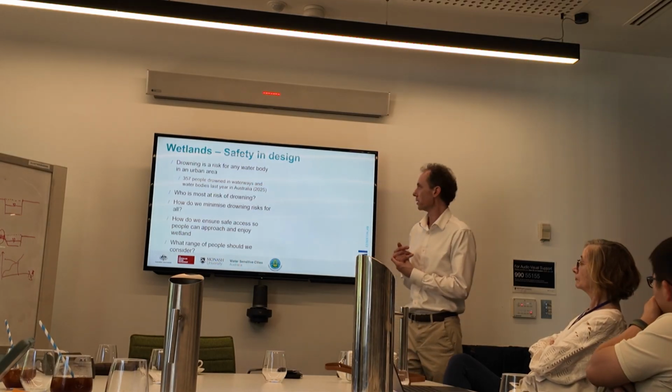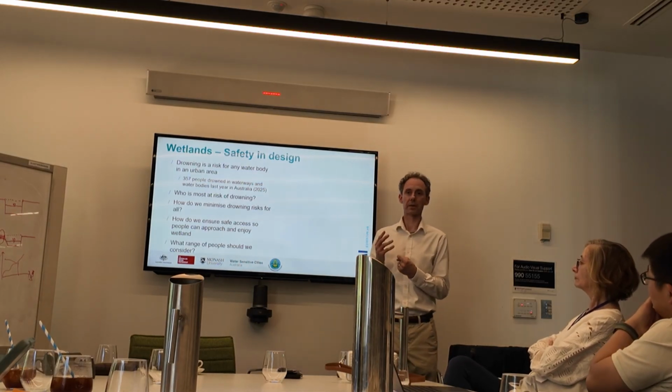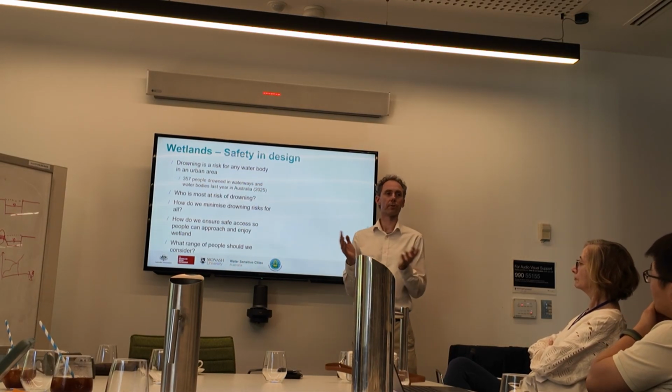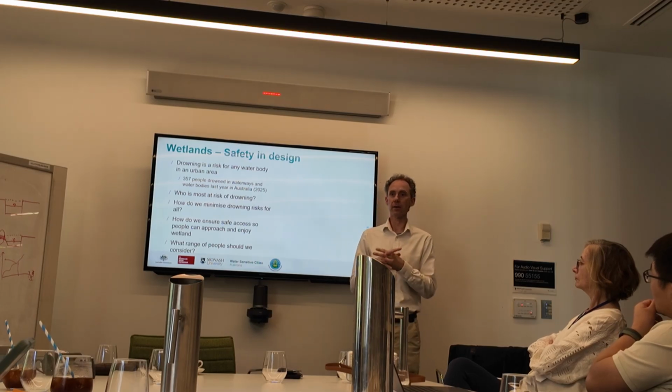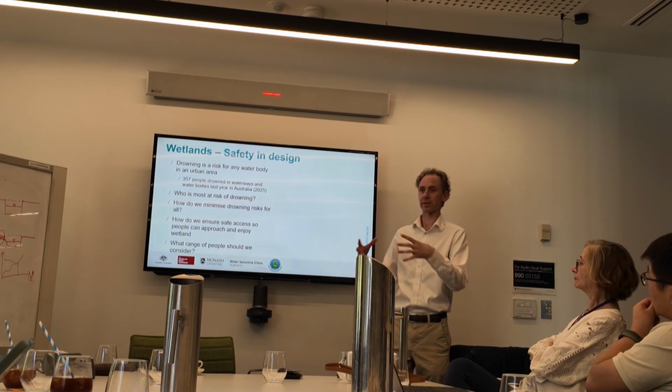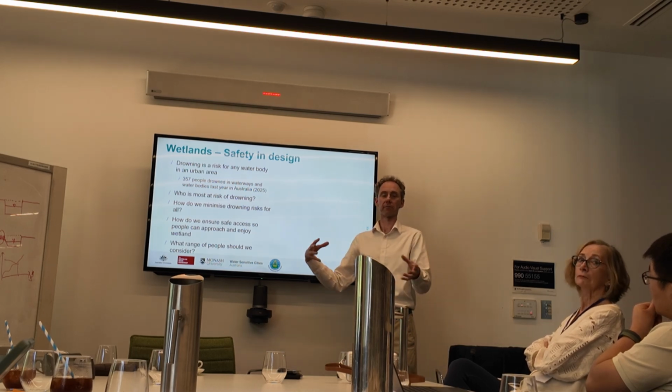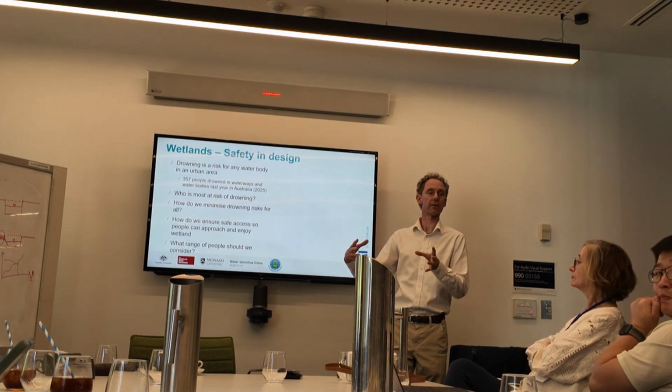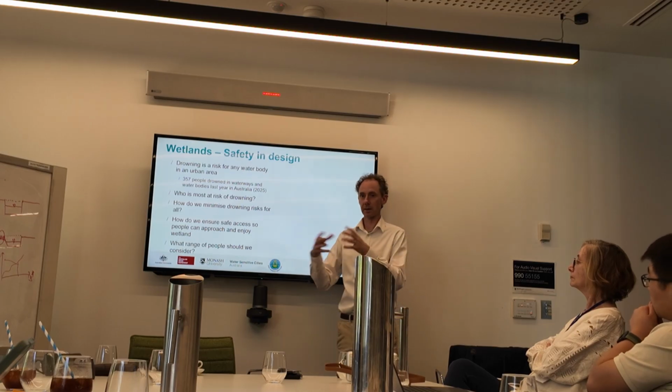That is drowning. Because if we're building any kind of urban waterway in an urban area, we need to think about what is the risk of drowning in this particular asset and how do we minimise that risk? How do we prevent or avoid that being a risk in this particular asset?